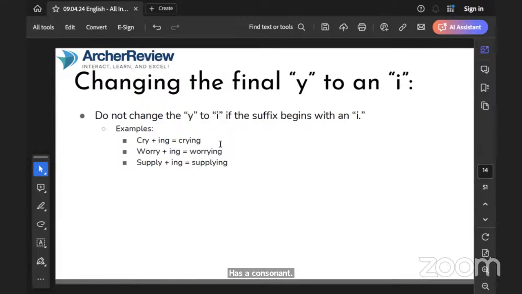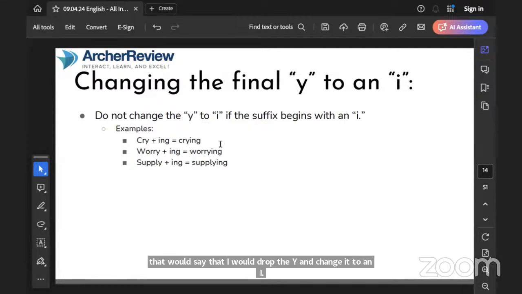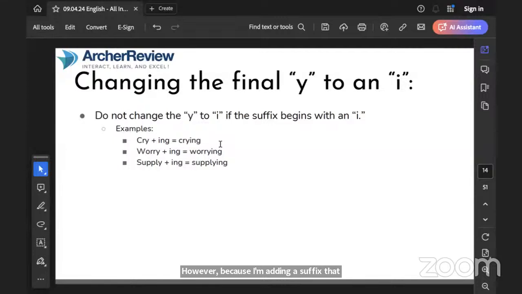So that would say that I would drop the Y and change it to an I. However, because I'm adding a suffix that already starts with an I, I don't want to have two I's back to back. I wouldn't have C-R-I-I-N-G. That would just, again, change the whole pronunciation of the word. So we leave it alone and just add the suffix right to the end of it. C-R-Y-I-N-G.